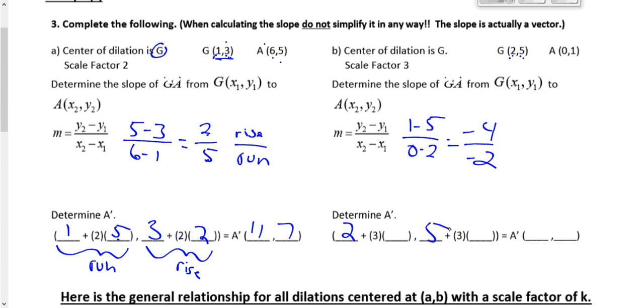So what was the original run? Negative 2. And the original rise? Negative 4. What is 3 times negative 2? Negative 6. What's 2 minus 6? Negative 4. What's 3 times negative 4? Negative 12. What's 5 minus 12? Negative 7. Got it? Okay.